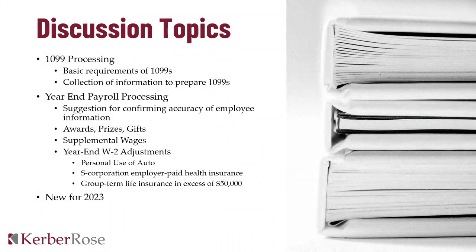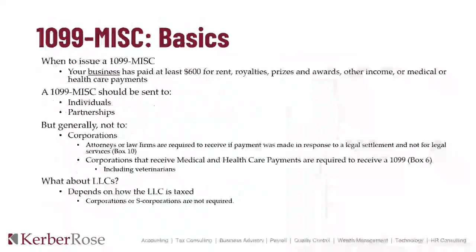I'll also go over some things that I've seen throughout 2022 with our clients, items to be concerned about or to think about. And lastly, while there's not much new for 2023, we will briefly touch on 2023 items. So let's hop right into it.